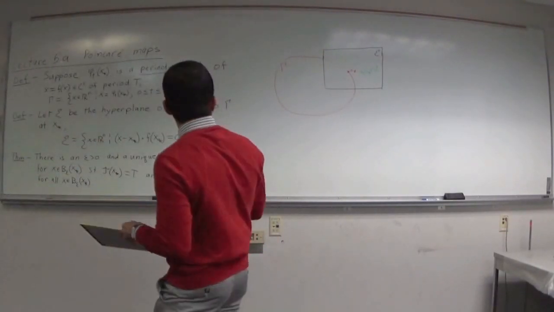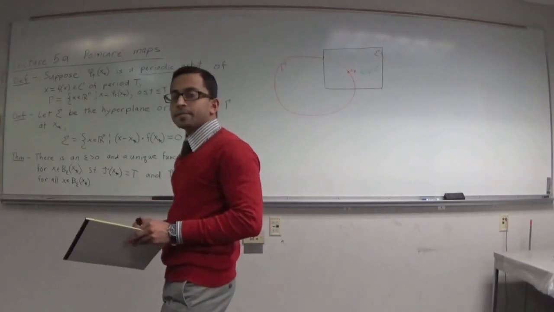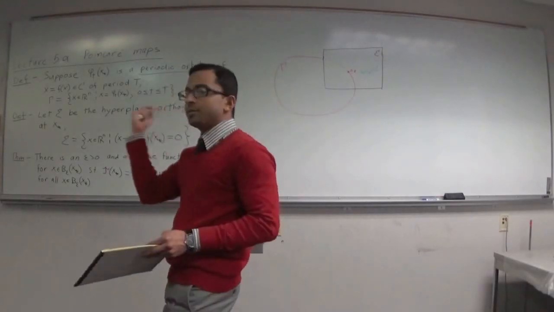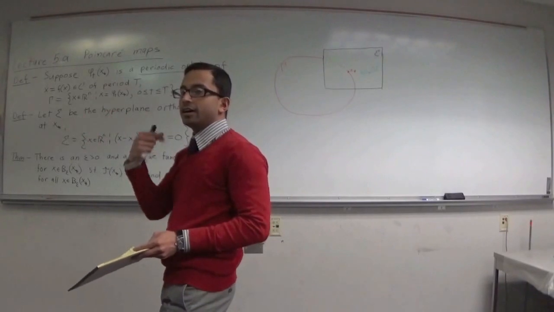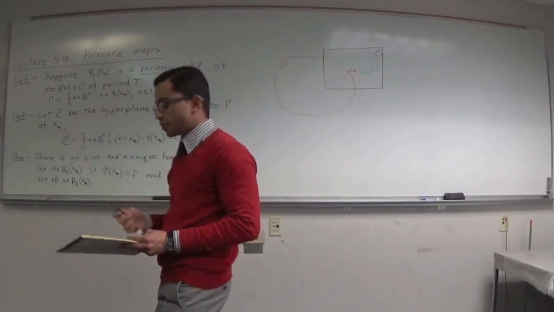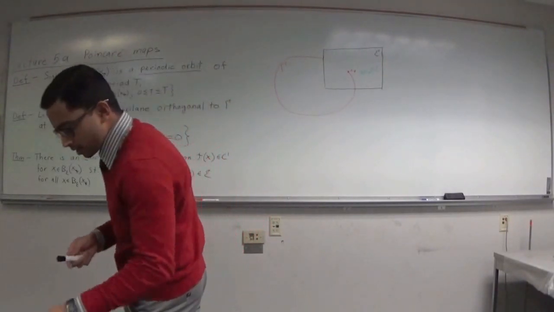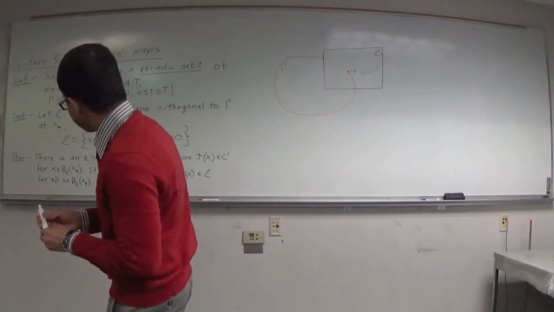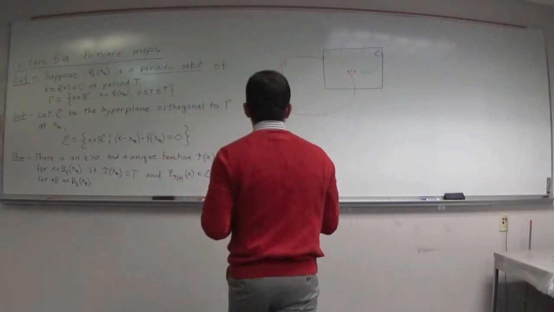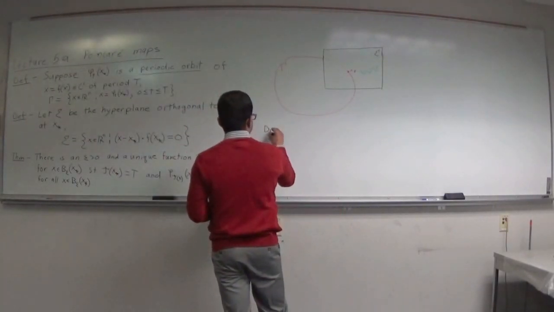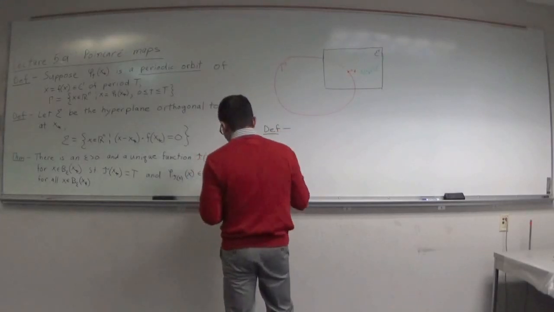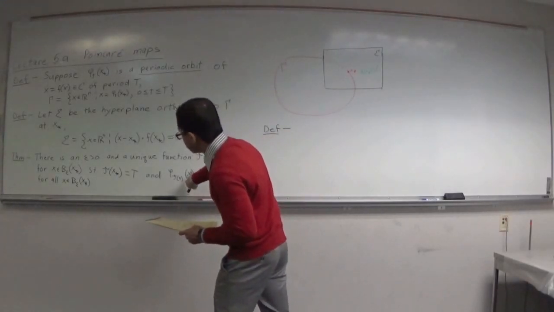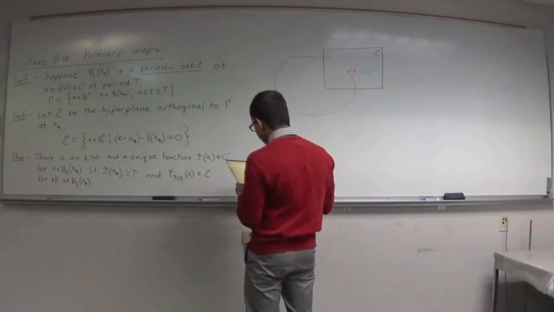And then now we can define what the Poincaré map is. And then I'll draw some of the iterates in the Poincaré map. So we're going to define our Poincaré map as such. We're going to use this phi tau of x of x.